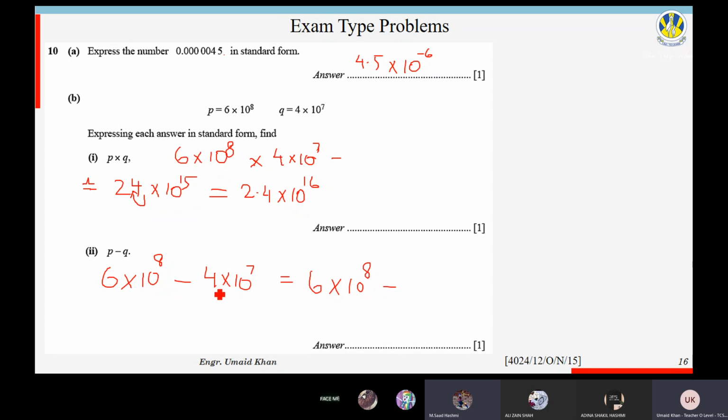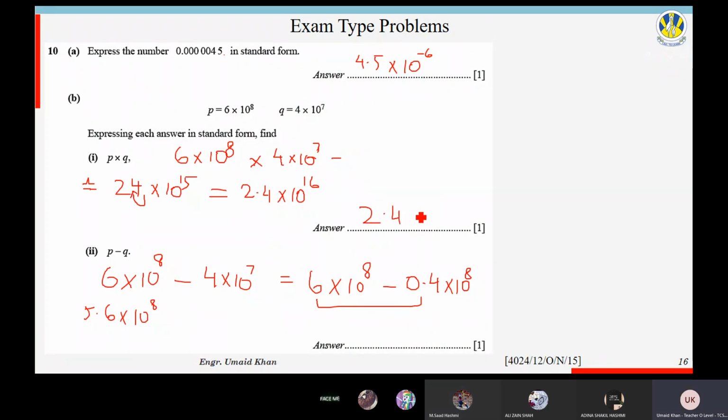So you need to convert 4 to 0.4, and the power of 10 will be increased from 7 to 8, because you have moved one digit to the left. Now you can simply subtract 0.4 from 6. So what is 6 minus 0.4? 5.6. Very good. So 5.6 multiplied by 10 raised to the power 8.